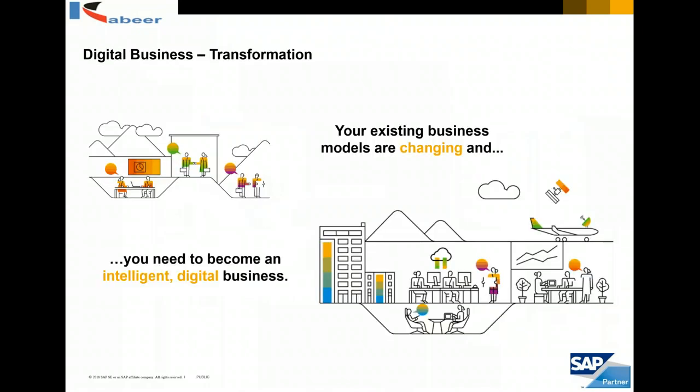Now, when we talk about business enterprises, every decade there is a change in the business models. If you want to change the business model, you need to become an intelligent and digital business.